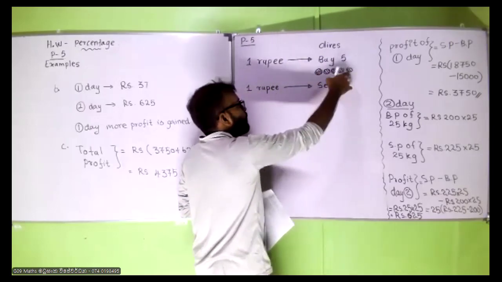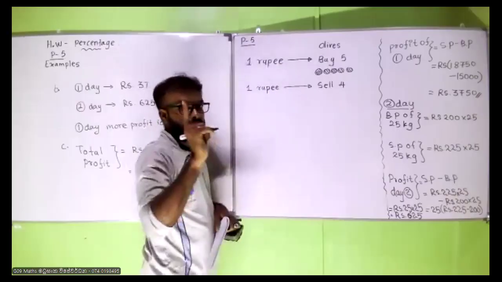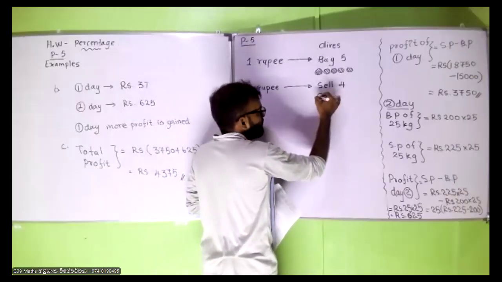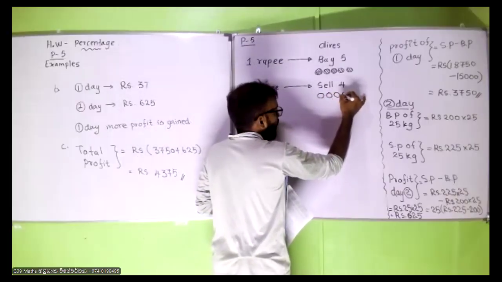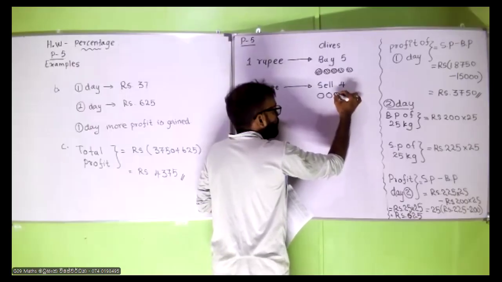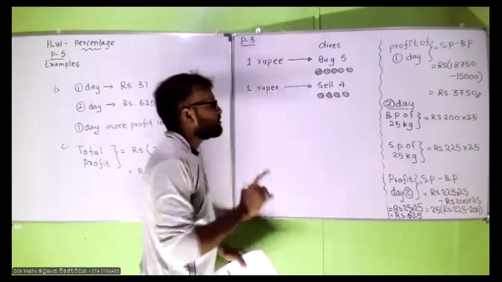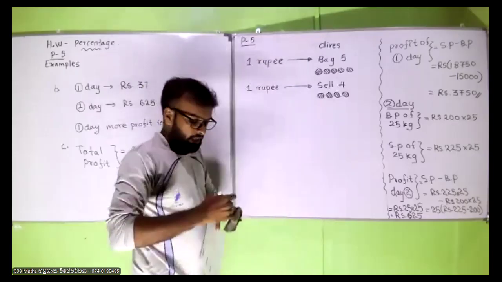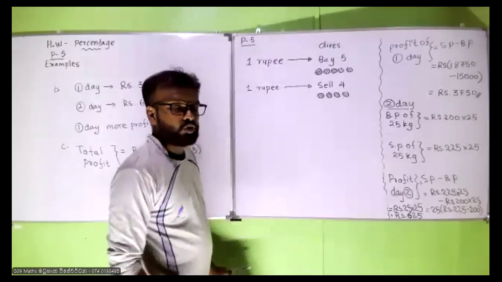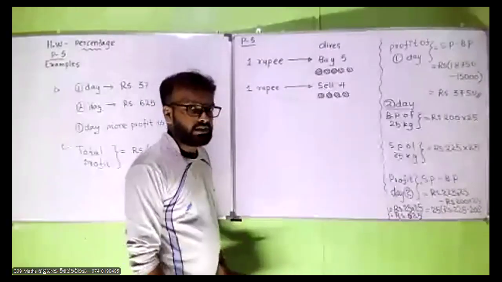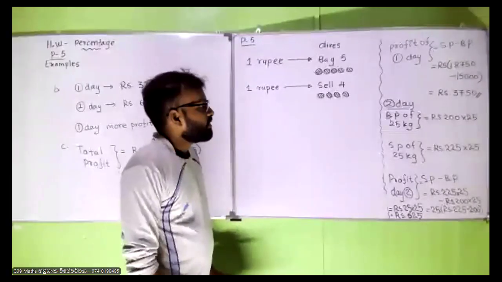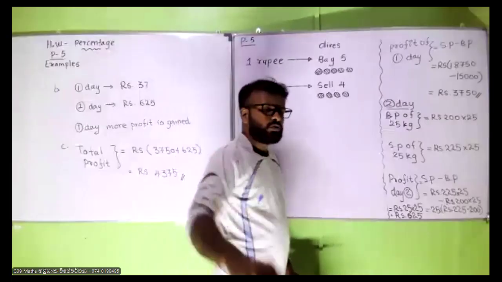He bought 5 olives for 1 rupee, and then he sells 4 olives for 1 rupee. He is keeping one with him so that he can get a profit. So how are we going to solve this question?